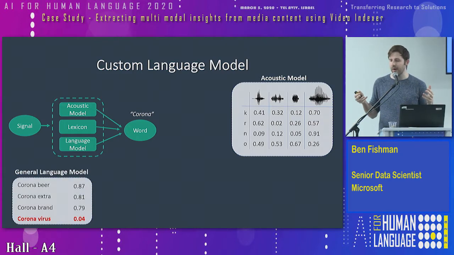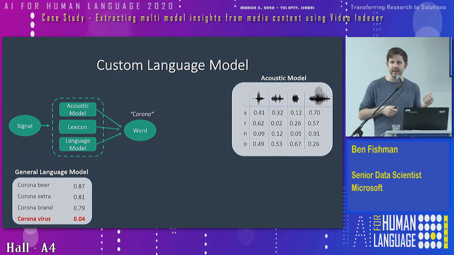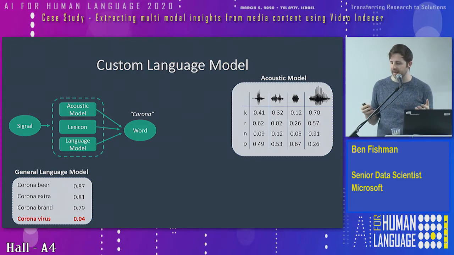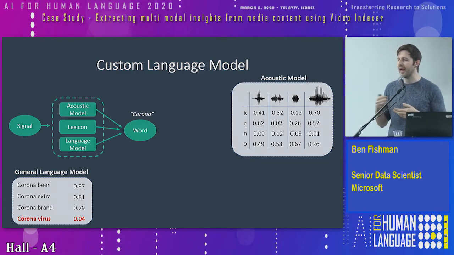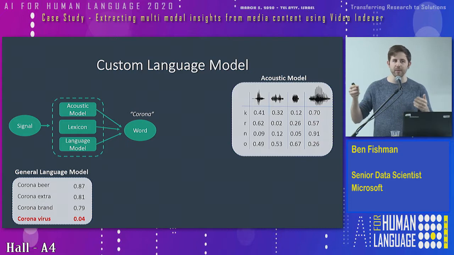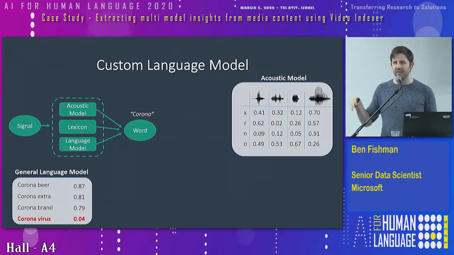So let's look at the general language model, and then we can see phrases like Corona beer, Corona Extra, Corona brand. And maybe we have coronavirus really at the bottom with something like 0.something percent probability.